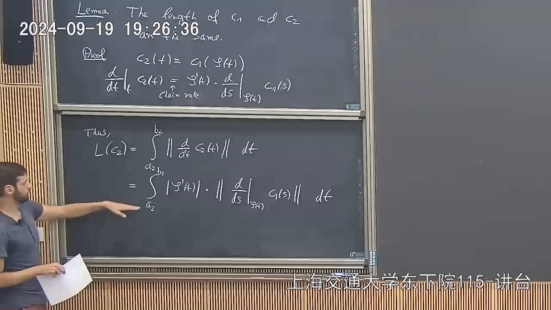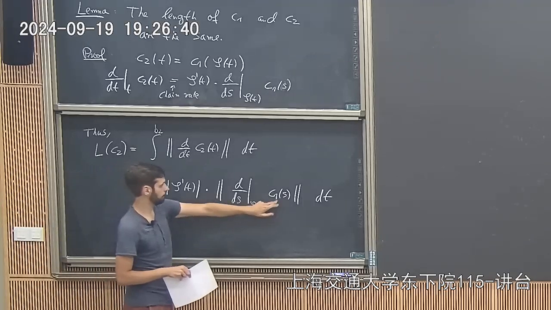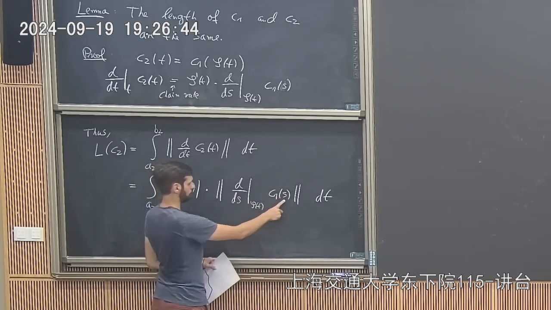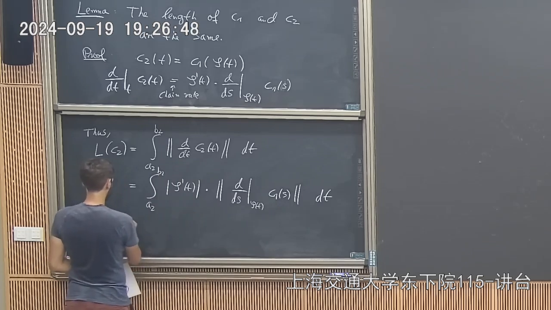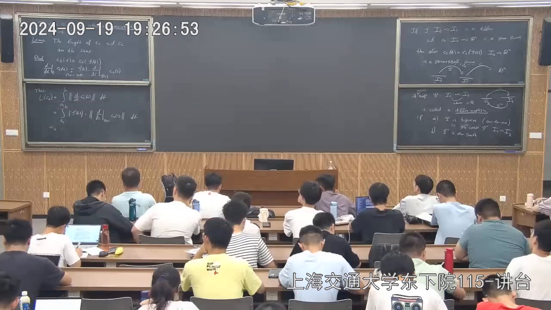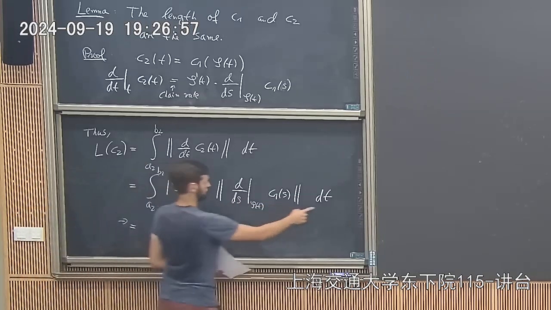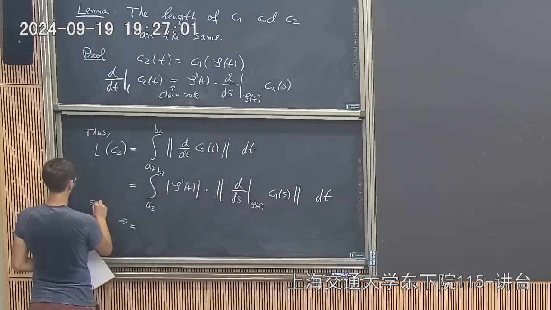Now we would like to relate that integral to the length of the curve C1. For that we need an integral over the parameter S, so we need to change the parameterization. If you remember how reparameterizations work, you change the integration variable from S being phi of t.